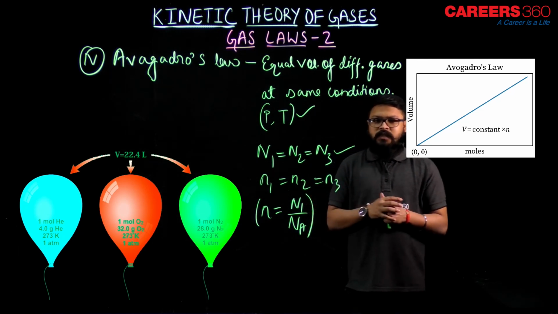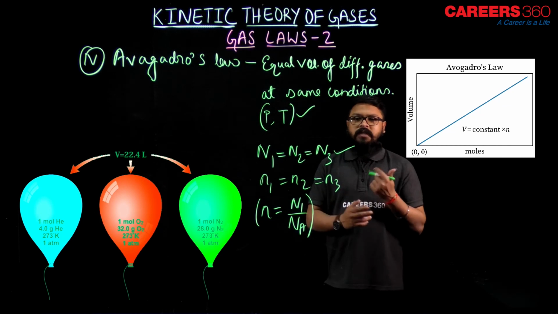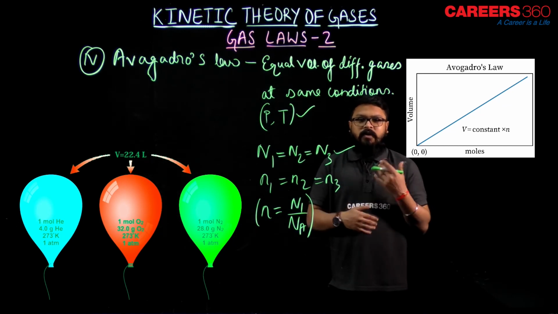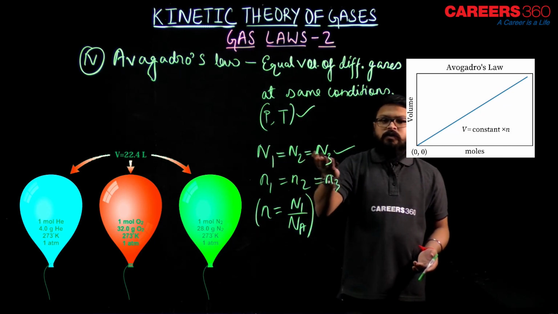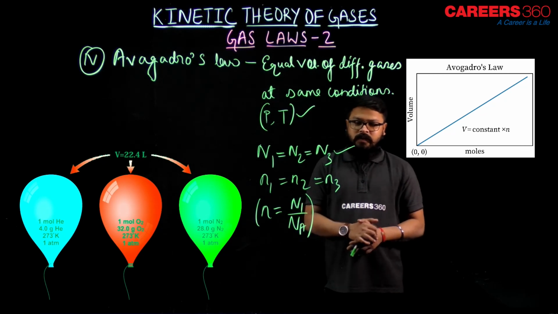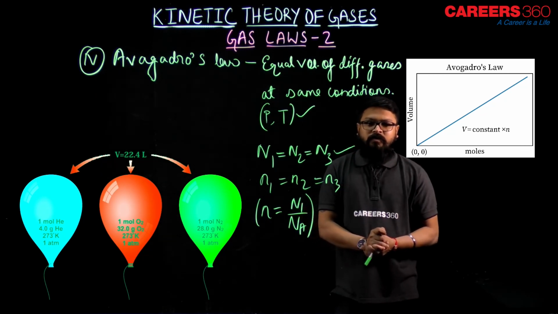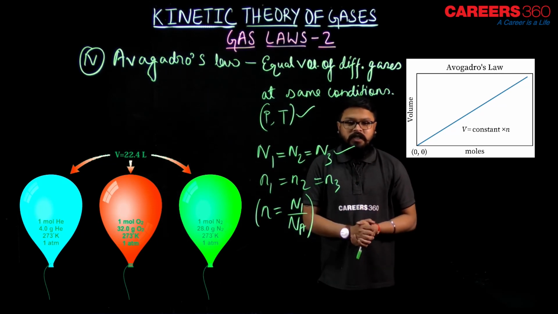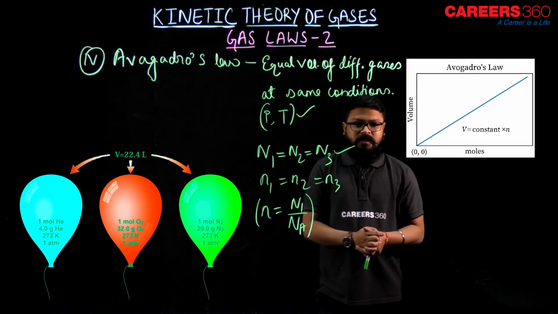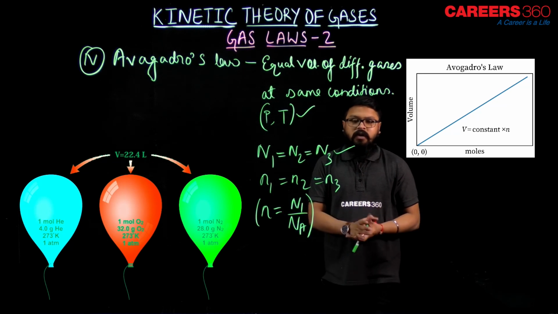So now as you can see 22.4 liters, suppose we make 44.8 liter, the number of moles or number of molecules will also be doubled. That is volume is proportional to the number of moles or number of molecules of the different gases. So that's what Avogadro's law states.